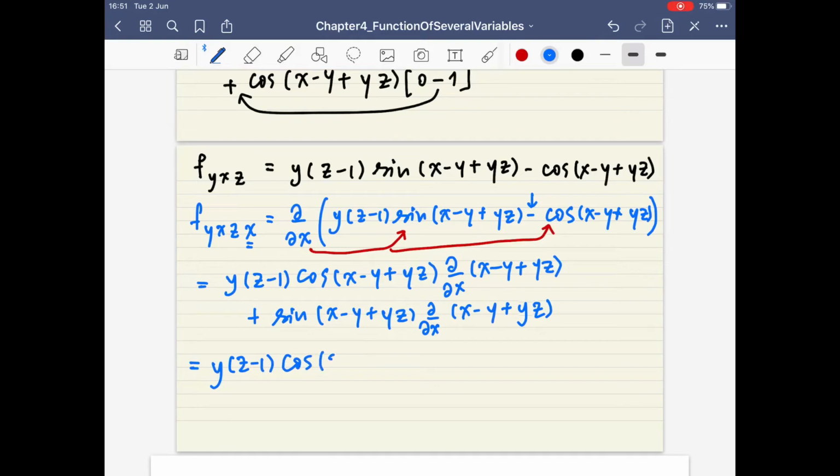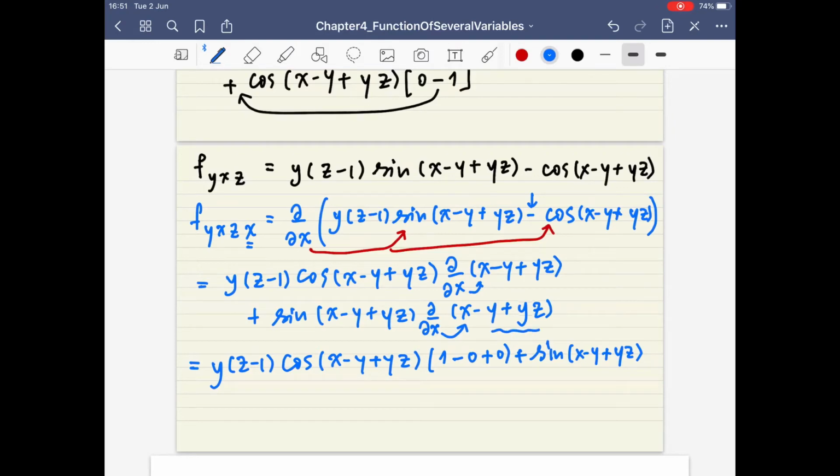This one is cosine of x minus y yz. So the derivative of this one with respect to x, the first one is 1, the rest are 0. Okay, and here also the sine of x y yz, and then the derivative of this one is 1, and the rest will be 0.